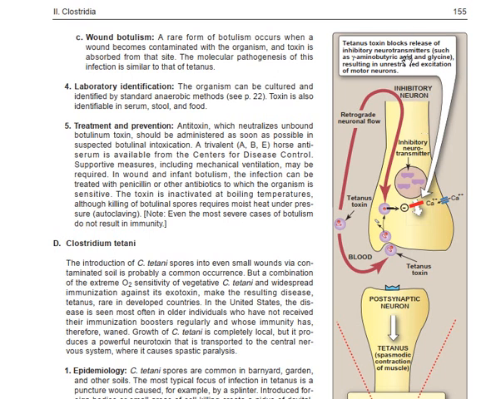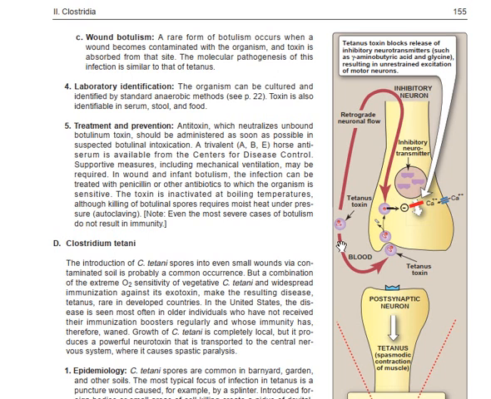So tetanus toxin blocks the release of this inhibitory neurotransmitter, resulting in excessive excitation at the level of the muscles.